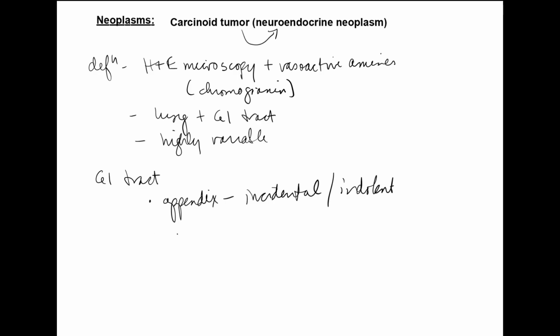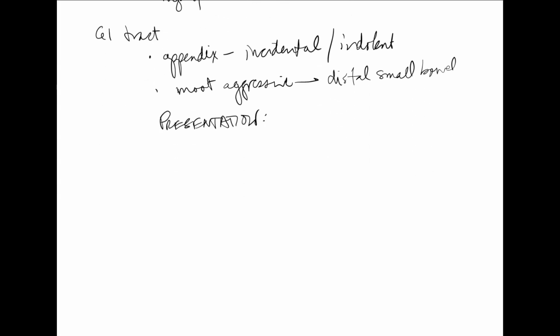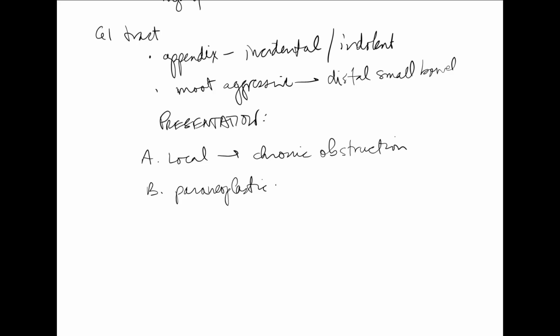The most aggressive tumors of the GI tract are found in the distal small bowel. Carcinoids in the GI tract tend to have 2 presentations. The local presentation is one of chronic obstruction, but the most memorable is the paraneoplastic syndrome of carcinoid syndrome.